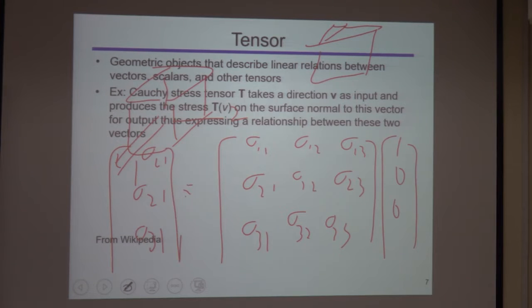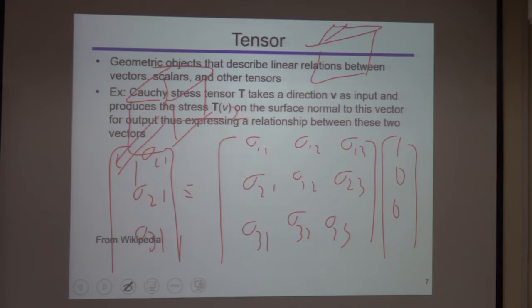But remember, sigma 2,1 equal to sigma 1,2. Sigma 3,1 equal to sigma 1,3. Actually, for sigma 1,2, we use tau 1,2 for shear stress.